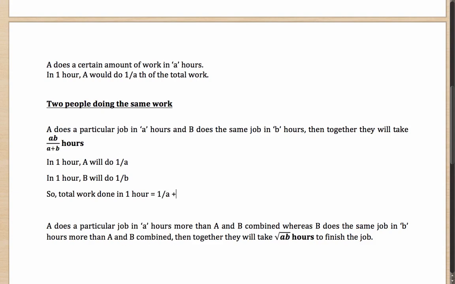A does 1 by A, B does 1 by B. So, total amount of work done in 1 hour is A plus B by AB. And if this is the total amount of work done in 1 hour, time taken to finish the work will be the reciprocal of this value, which will be AB by A plus B hours.